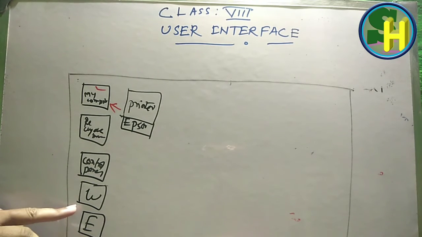Next, if you want to open a Word file or maybe an Excel file, you just move your mouse pointer and double click over the option. Then the program will start to access your work, maybe Excel work, maybe Word work. So these are the ways to use the graphical interface.